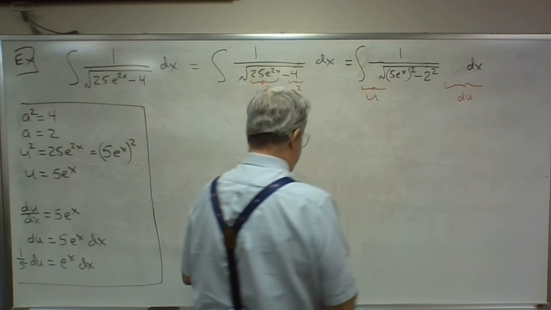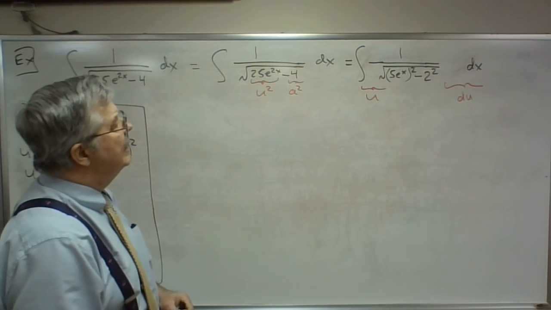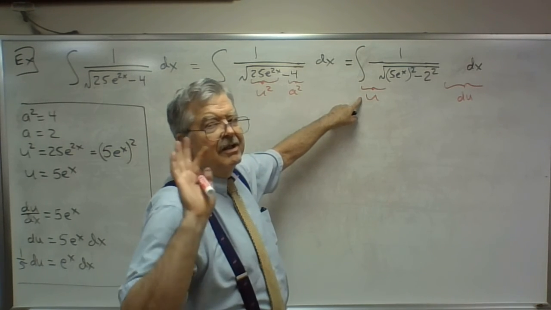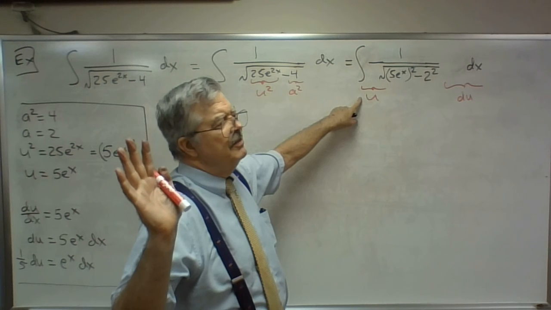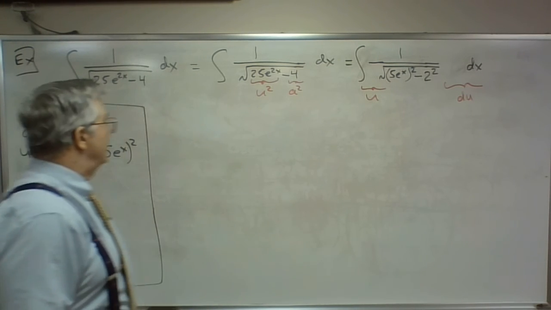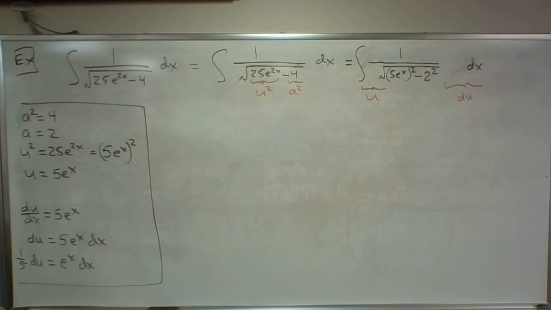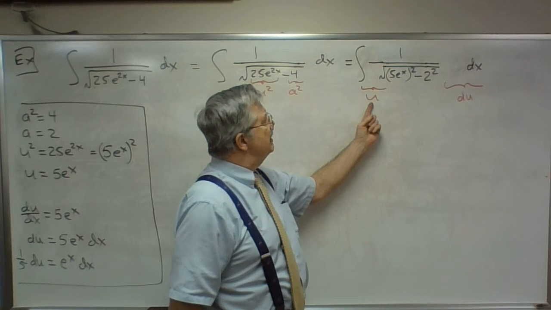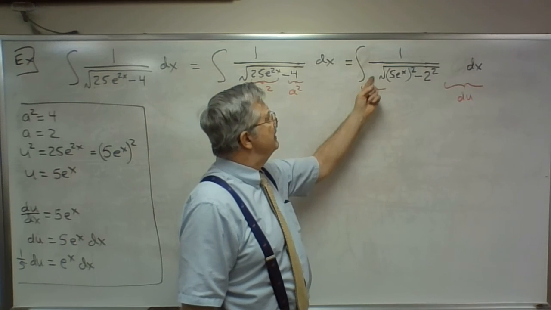And I ain't got it. Now, I don't need u here. I could, if I were off by a constant multiple, that would be okay. What is u? Oh, u is 5 e to the x. I'm missing u here, where u is 5 e to the x.